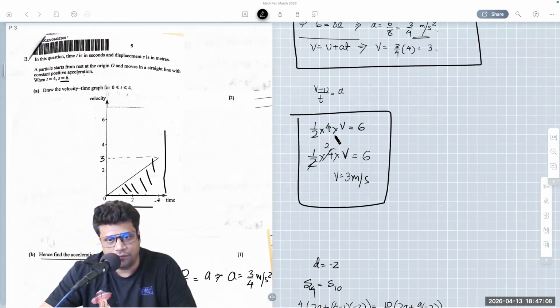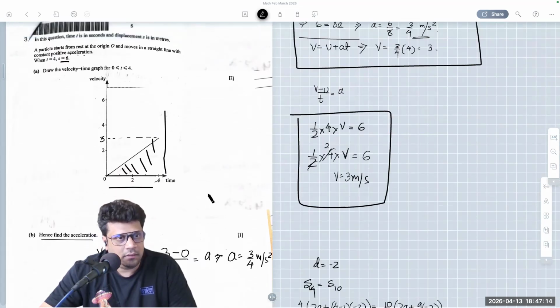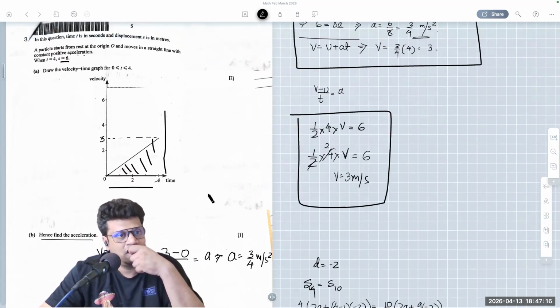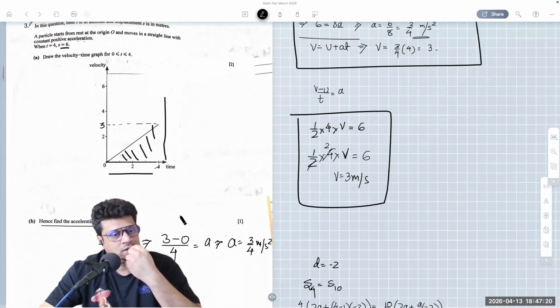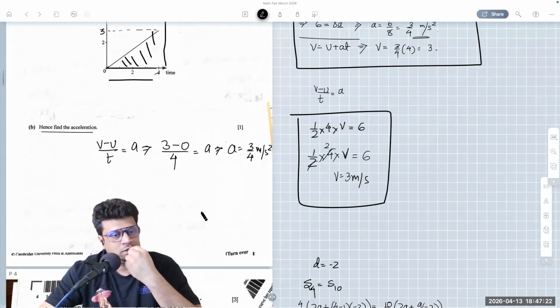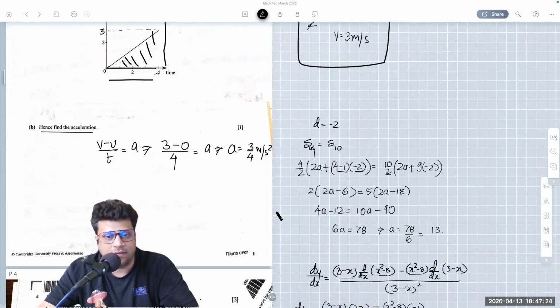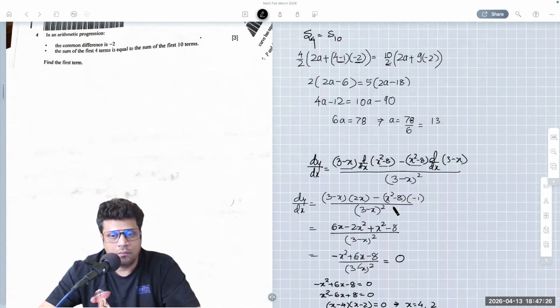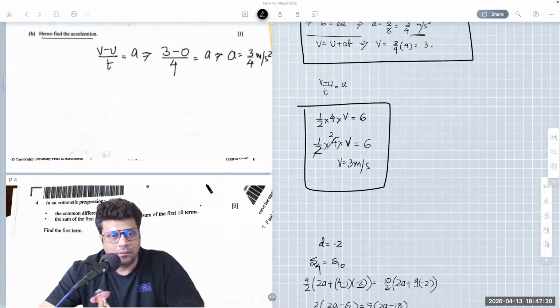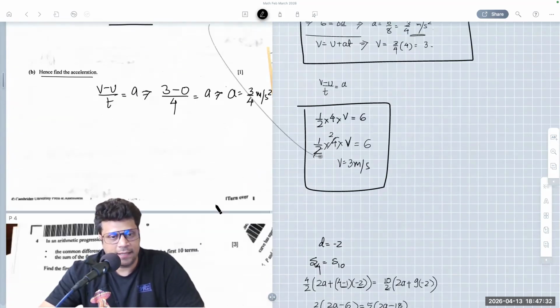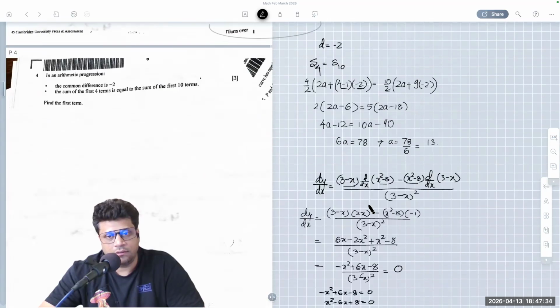So half into 4 into v is a 6. So that's how we know v is a 3. So acceleration comes out to be 3 by 4. Okay. So that was this thing. Now this one.